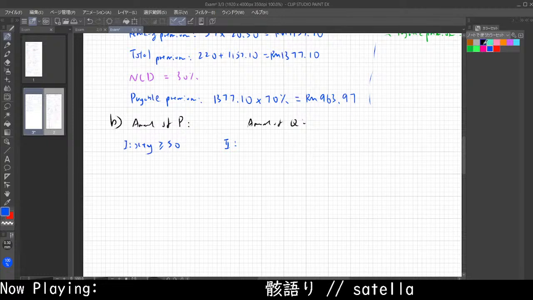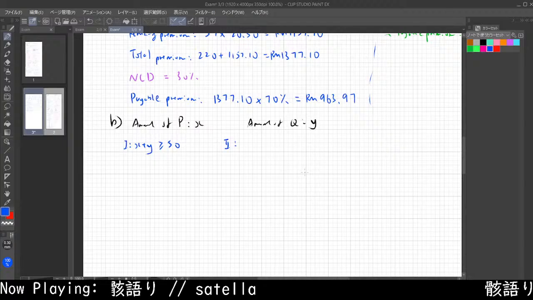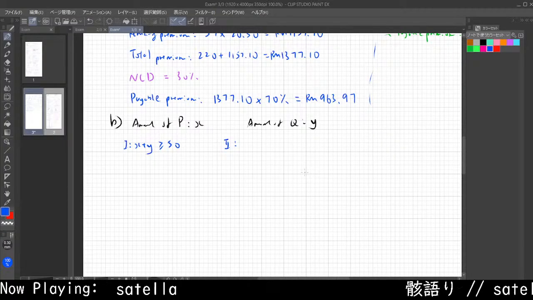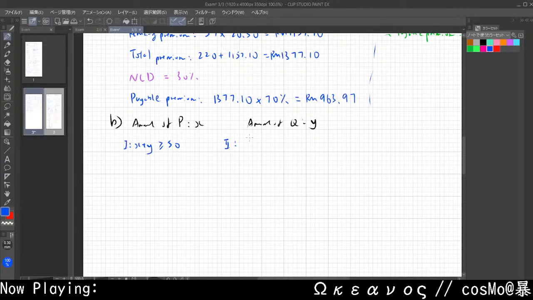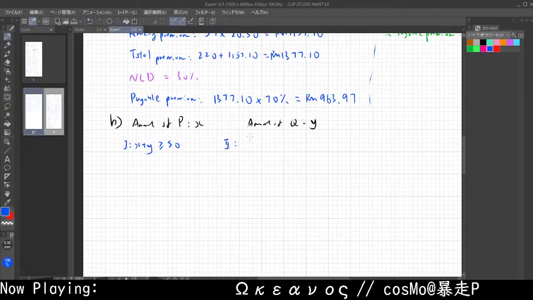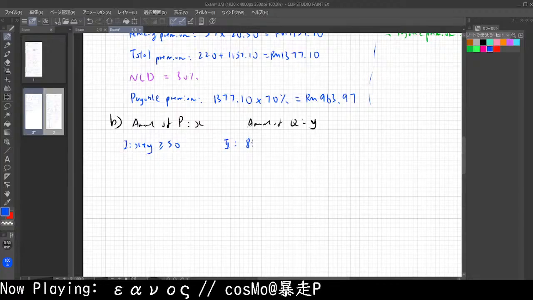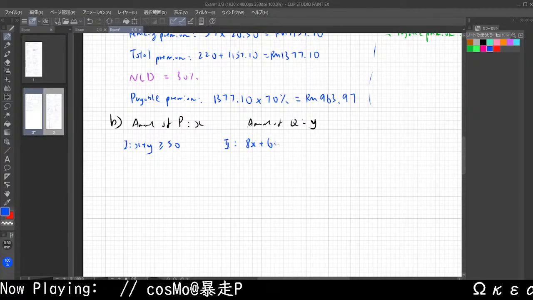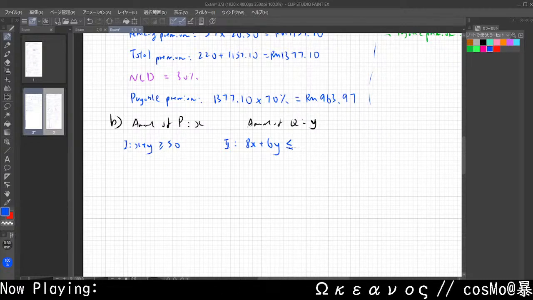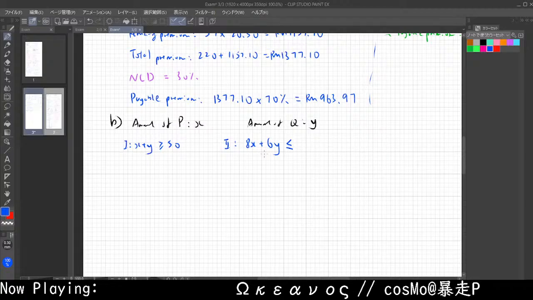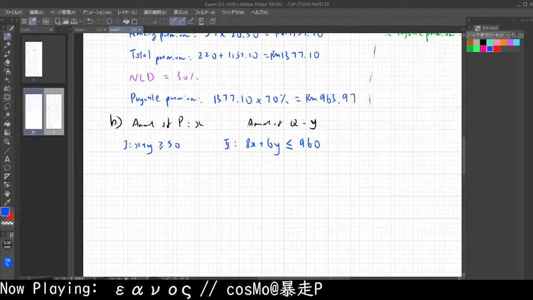Time used is the amount of P which is X, and Q which is Y. So P uses 8 minutes per unit, so it will be 8 times X, plus your 6 minutes per Y. This should be maximum, so it will be less than or equal to 16 hours. 16 hours times 60 minutes will be 960 minutes. Then this will be your part 2.